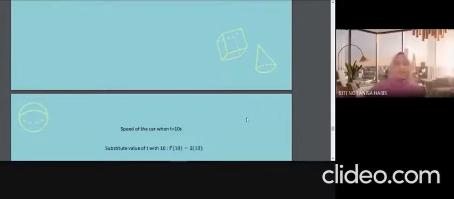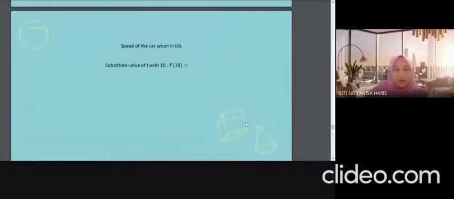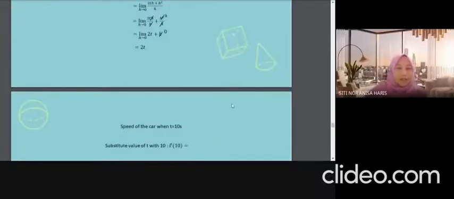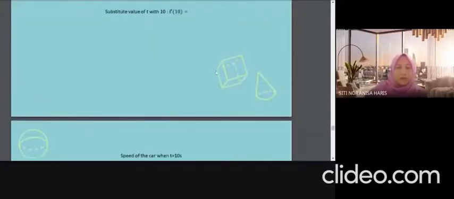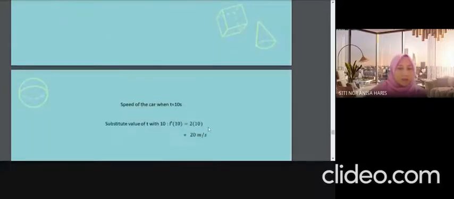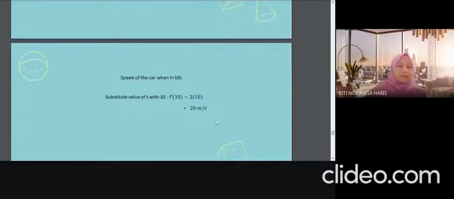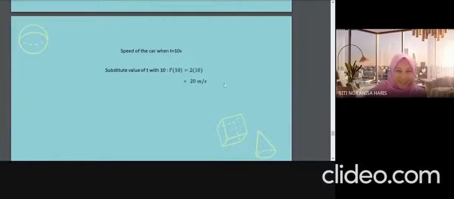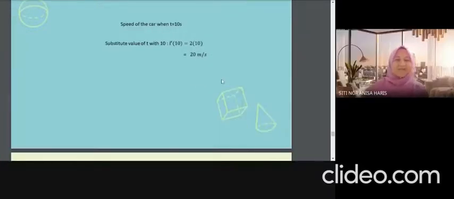Correct. We just substitute the value of 10 in our t, so we get 2 times 10, which equals 20 meter per second. Good, Nadira.